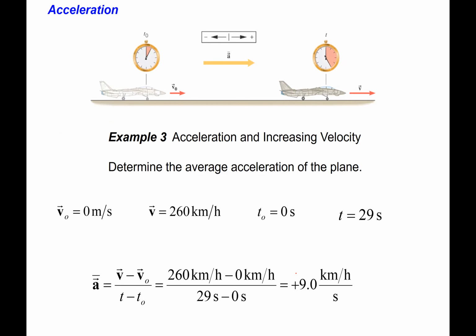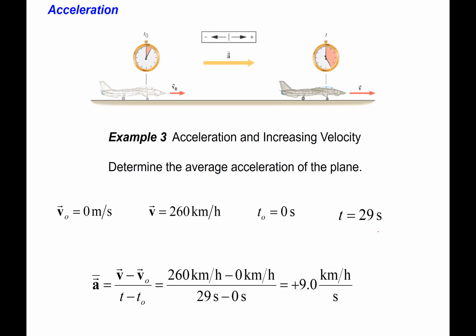In this example, the initial velocity is 0 meters per second. The object changes its speed from 0 meters per second to 260 kilometers per hour in a time of 29 seconds.